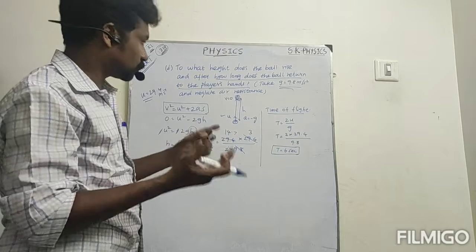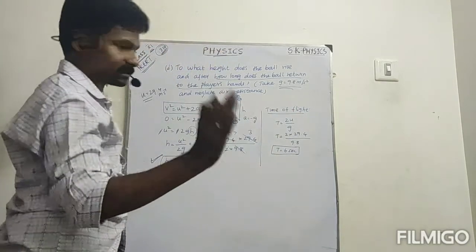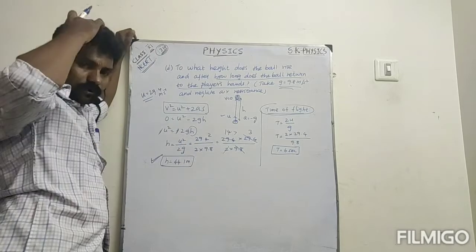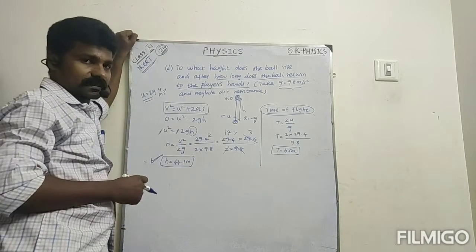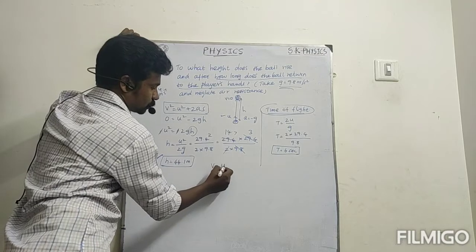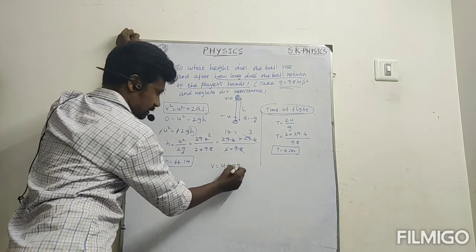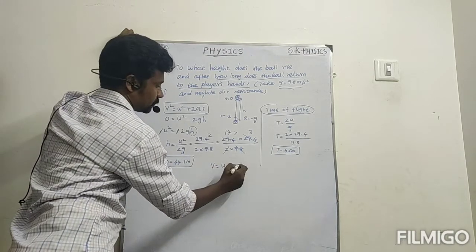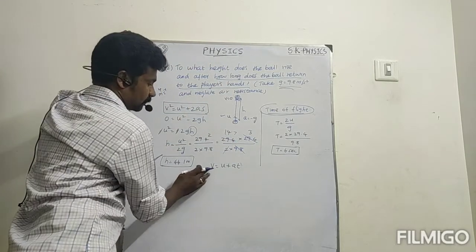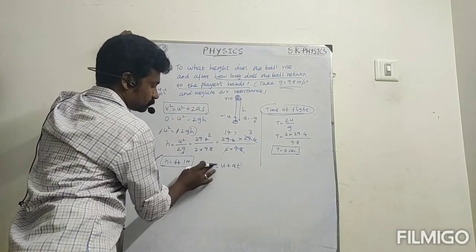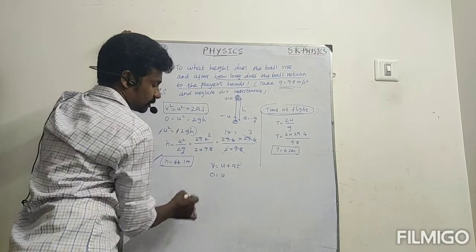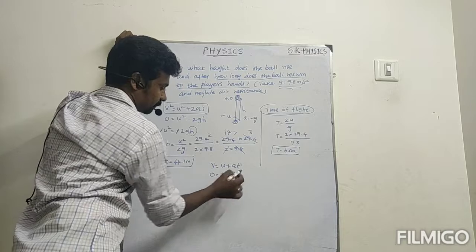Generally, I am telling this for understanding purposes, because we are going to discuss the time of flight more in the motion in a plane chapter. For example, v is equal to u plus at. Suppose the object is moving in the upward direction and the final velocity is 0. Then u minus gt, because it is upward direction.